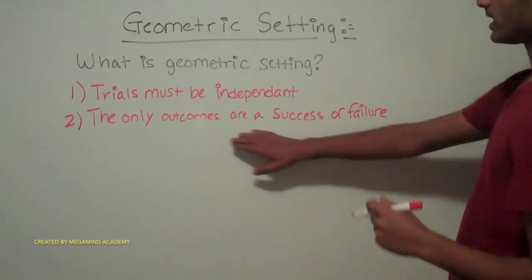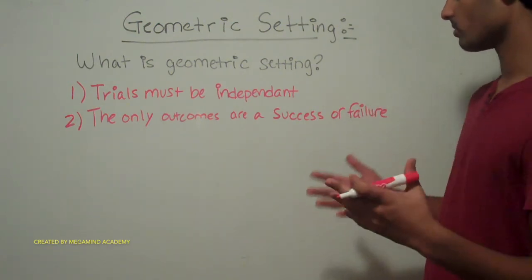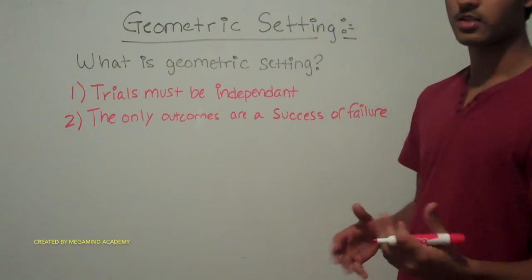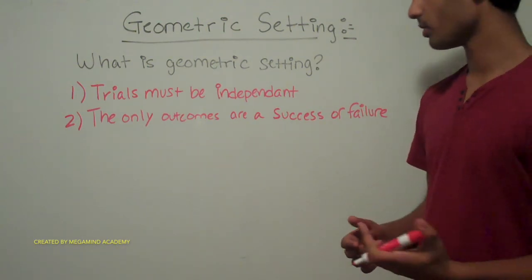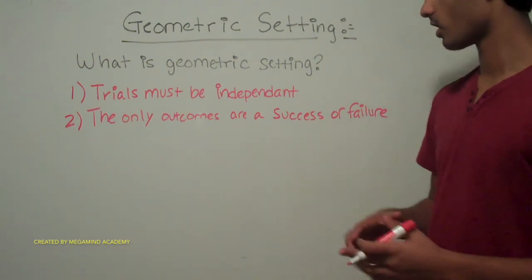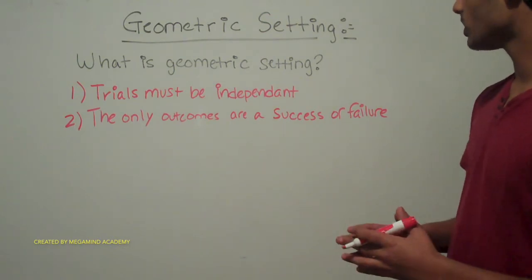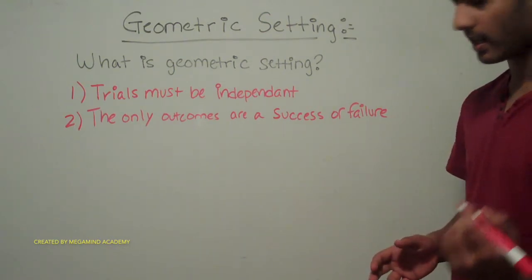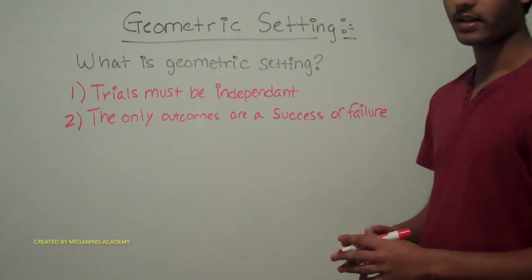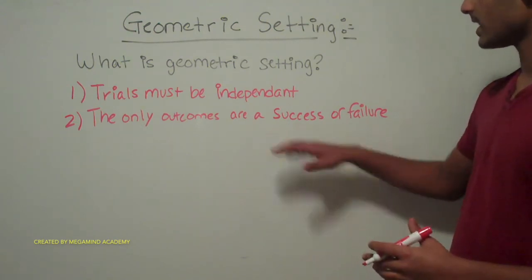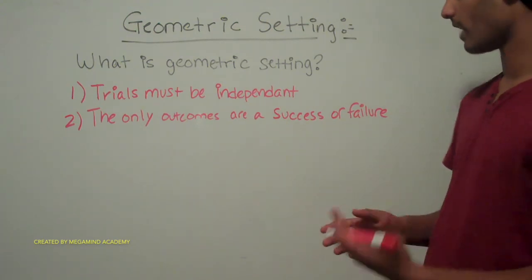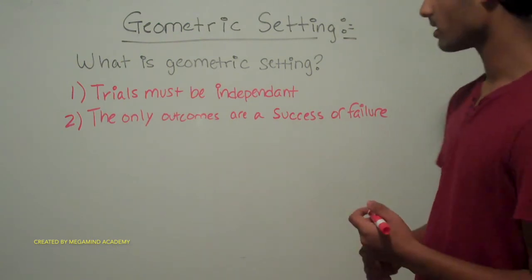So basically what this is saying is that there are only two outcomes. If you were dealing with chocolates, for example, you would only have milk chocolates and dark chocolate, or something like that. So there are only two outcomes, and one of them you define as a success, and the other as a failure. The one that you define as a success is the one that you want to measure the probability of happening a certain number of times.